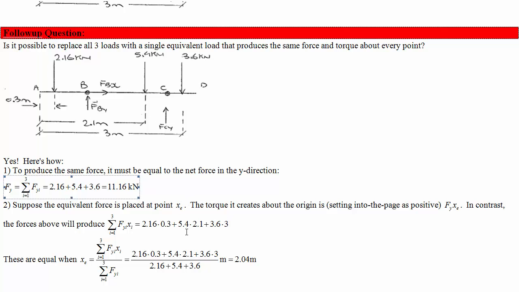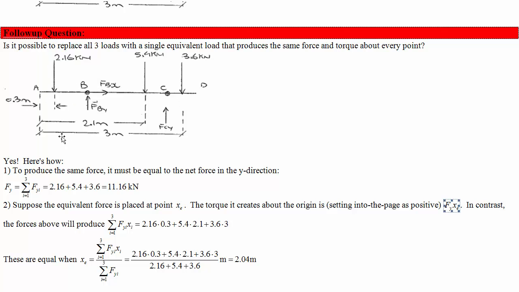So we'll say that Fy xe produces the same torque as the sum of Fyi times xi for each of these.